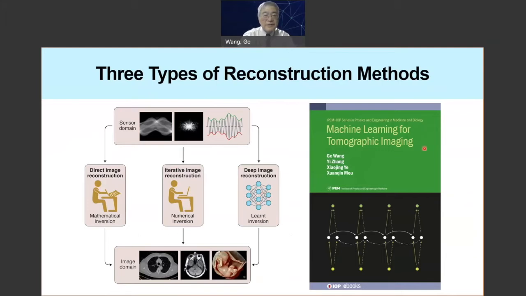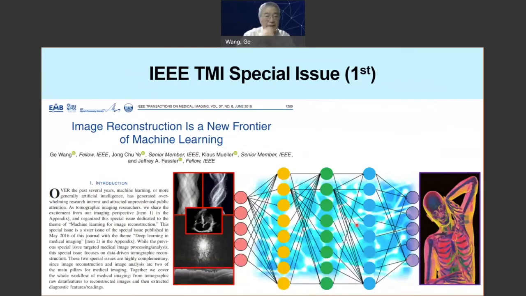This is the first book published by IOP. And based on the perspective article I mentioned, we edited the first special issue on deep learning-based tomographic reconstruction. This special issue was well received and highly cited.